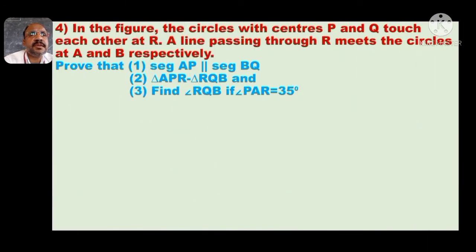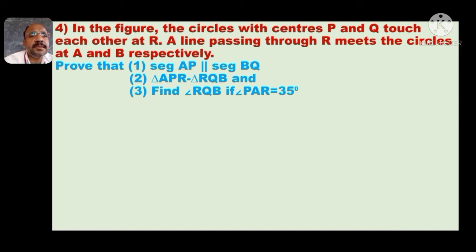Now, question number 4. In the figure, the circles with centers P and Q touch each other at R. A line passing through R meets the circles at A and B respectively. Then prove that first, segment AP is parallel to segment BQ.